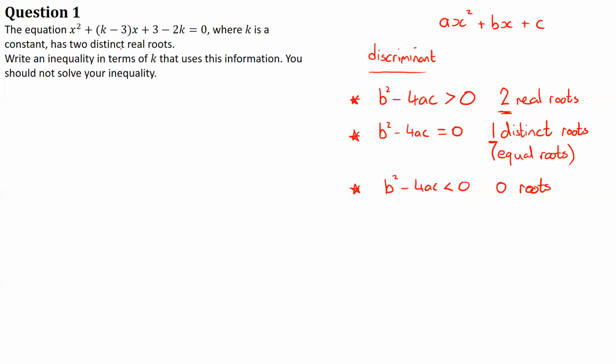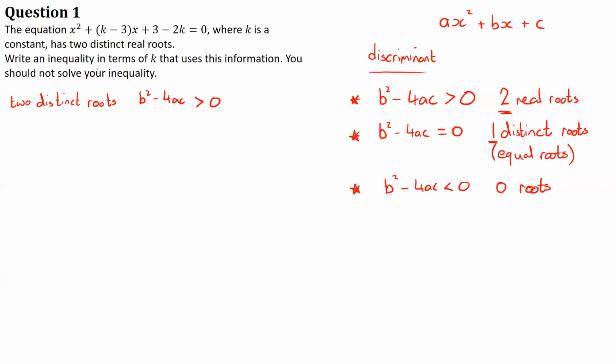So looking at this equation, we're told it's got two distinct real roots. Straight away, I'm thinking that two distinct roots implies that b squared minus 4ac is greater than 0. Then we're just going to find out what a, b, and c are and substitute.